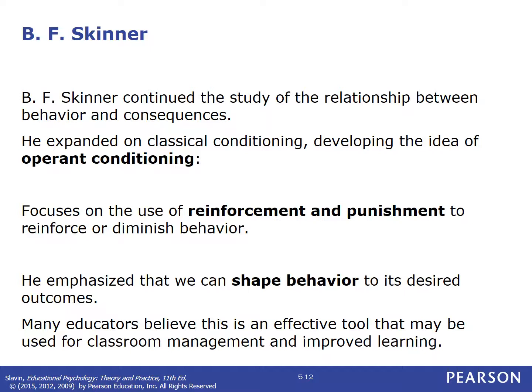So again, I want to stress the difference between classical conditioning and operant conditioning. Classical conditioning is automatic. It's an automatic response to a stimulus that's been paired with something else. Operant conditioning is purposeful training using reinforcers and punishers to shape behavior.